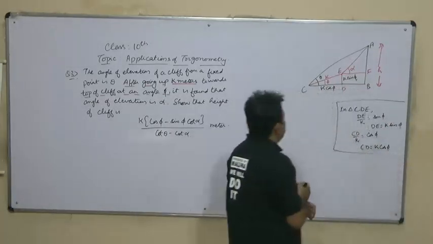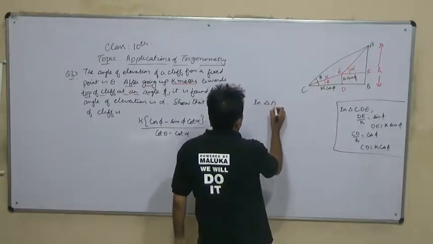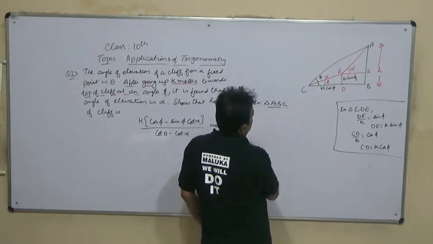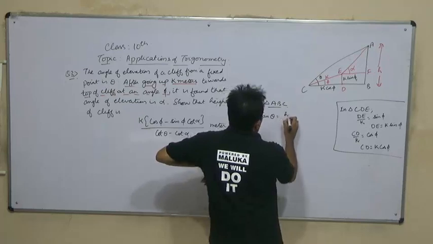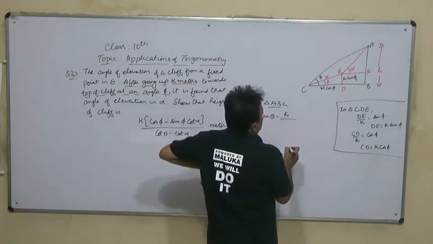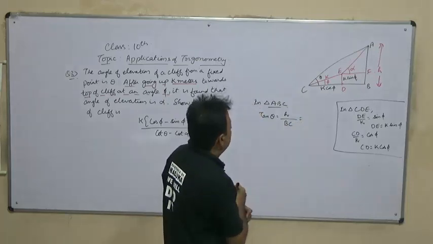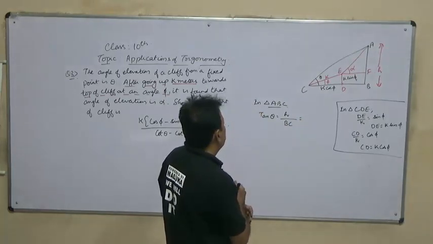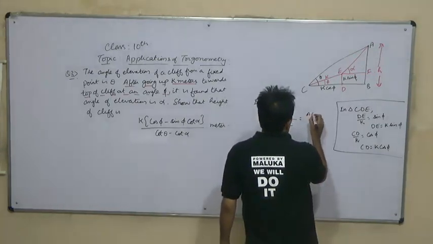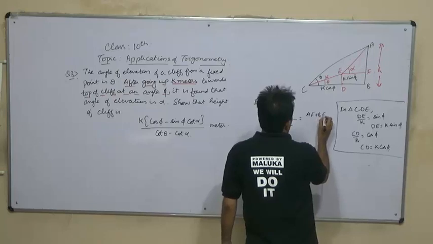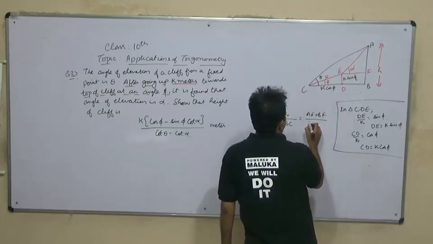Then next we take this bigger triangle ABC. We have tangent theta is equal to H upon BC. And what is H here? H is given by AF plus BF, and BC is CD plus BD.